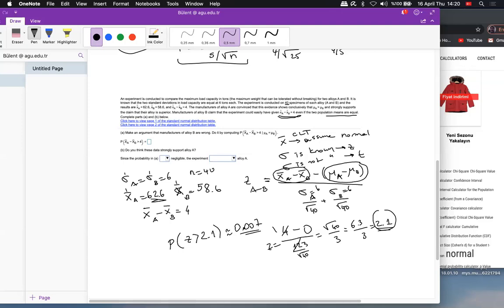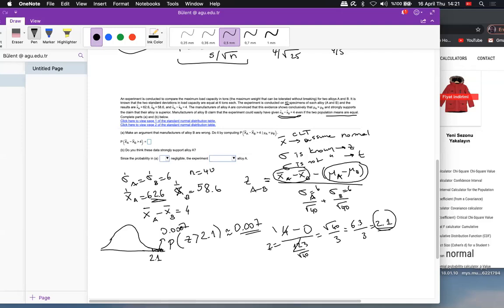So if we have this distribution, my difference is somewhere here, which is 2.1, and the area above here is going to be 0.007.